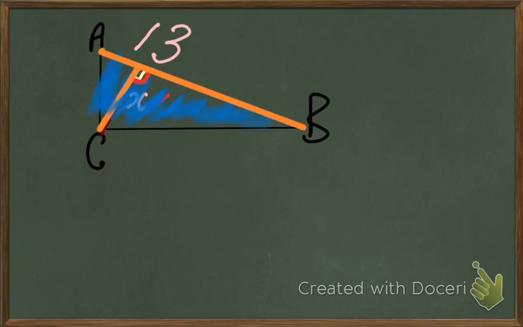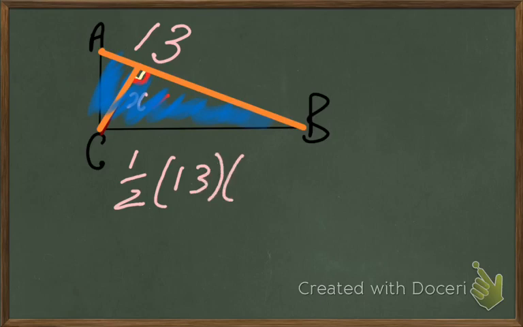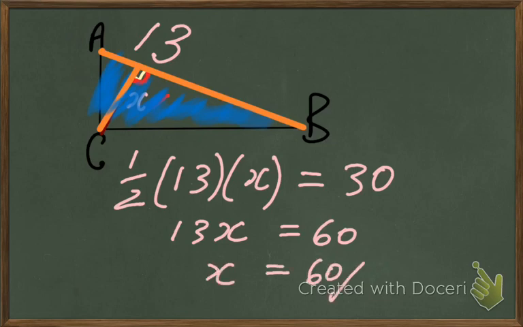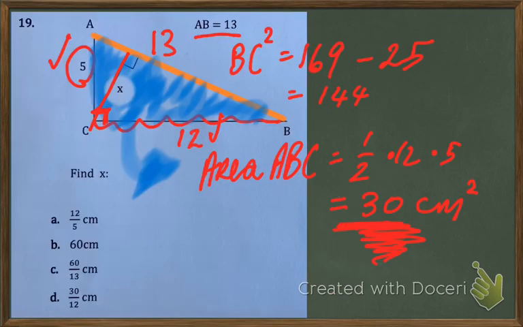Then we can say a half times 13, now that's the base, times x, and that is the height, is the same area, which is 30. We then solve this equation by multiplying by 2 on the left, and by multiplying by 2 on the right, and in doing that, we get rid of the half. We then divide by 13 and we obtain the answer, which is 60 divided by 13. And you can see the answer sits right there. Well done. And we move on to the second video.